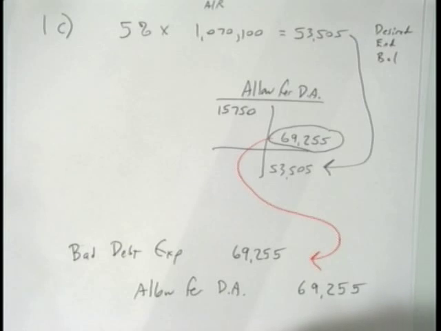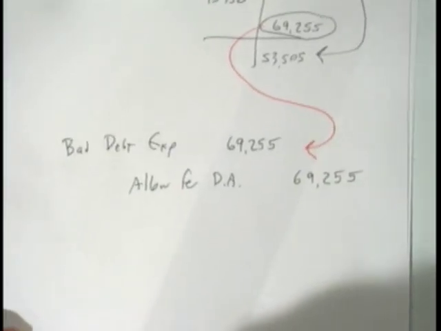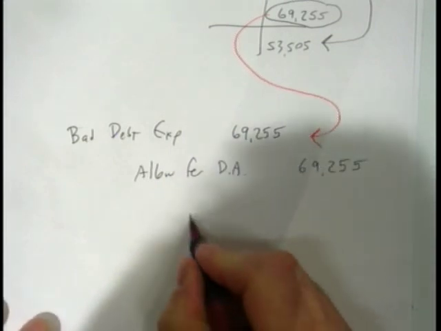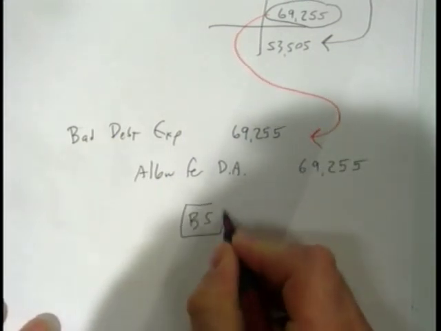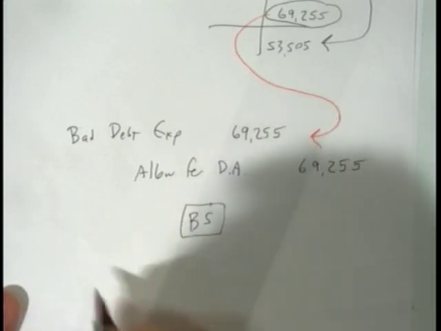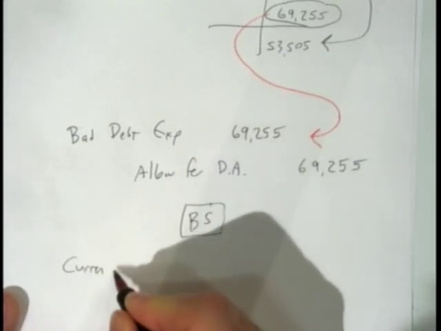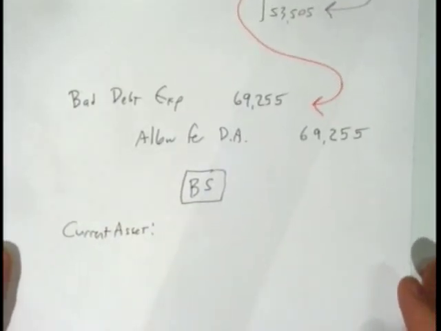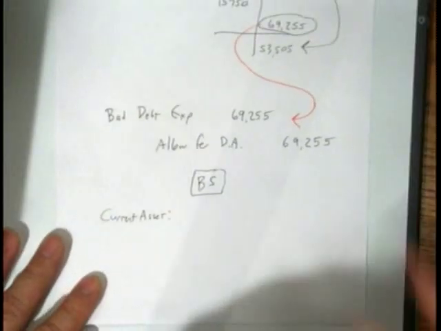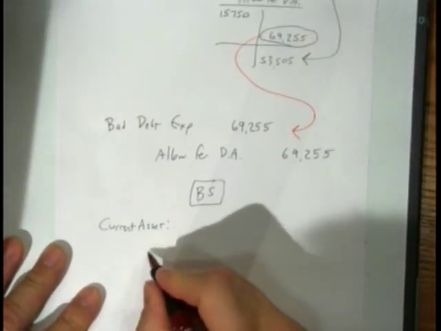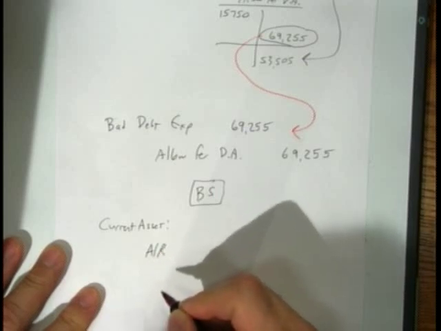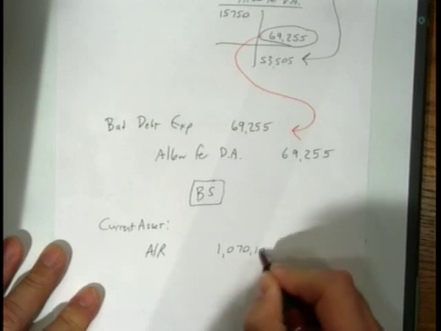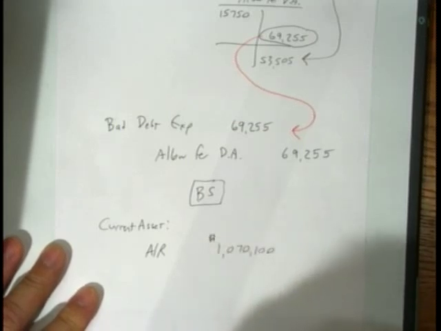So the way that that would look is, okay, this would be in the current asset section, correct? We would have accounts receivable of that amount right there, right?